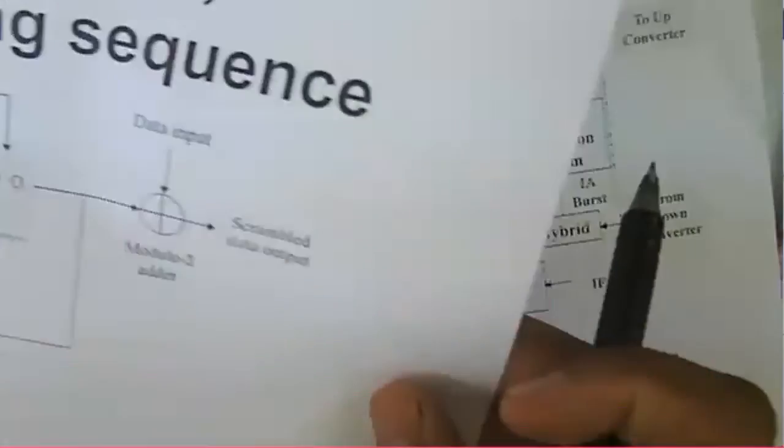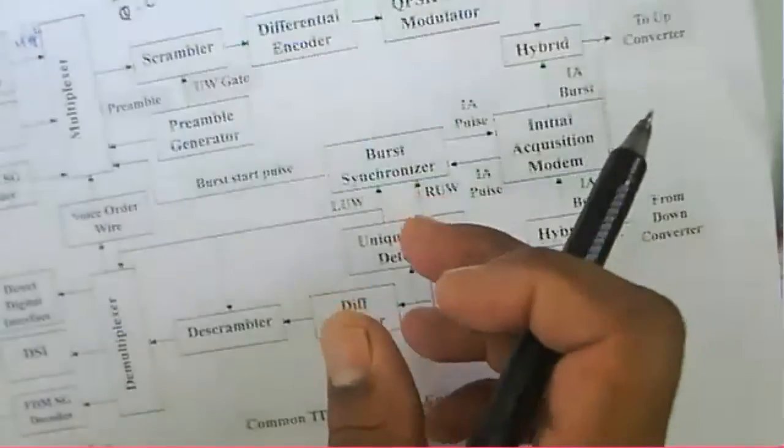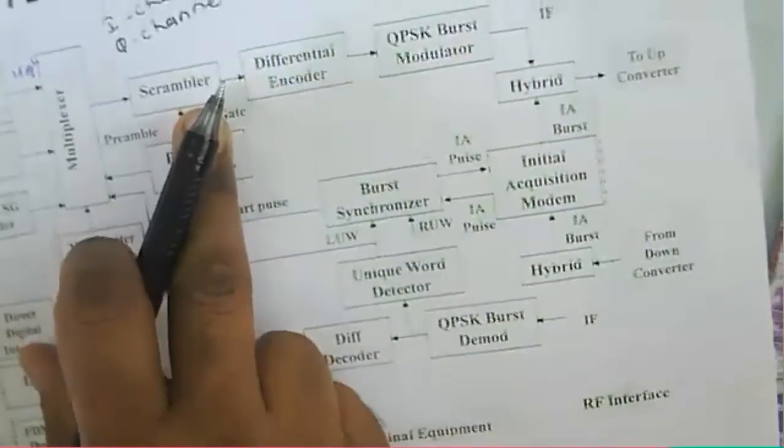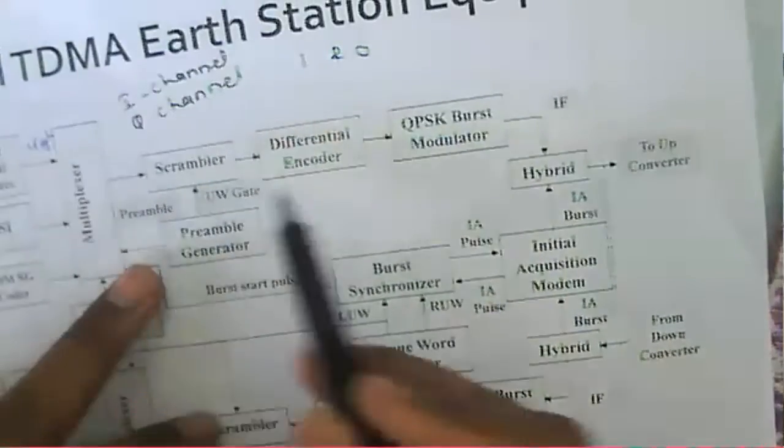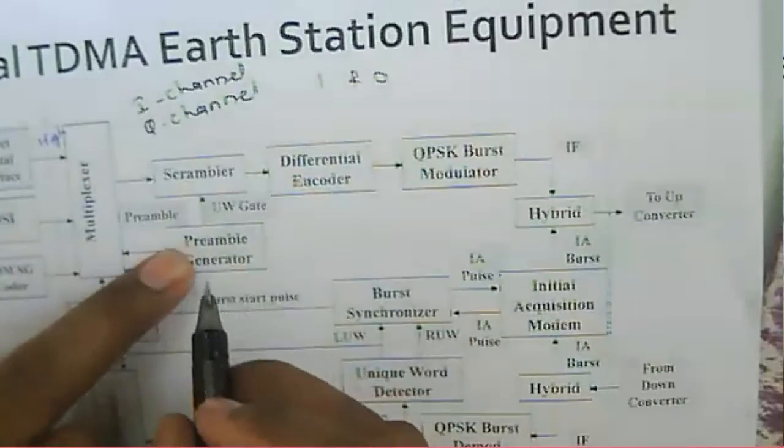Okay, so that is the scrambler in the TDMA terminal equipment.